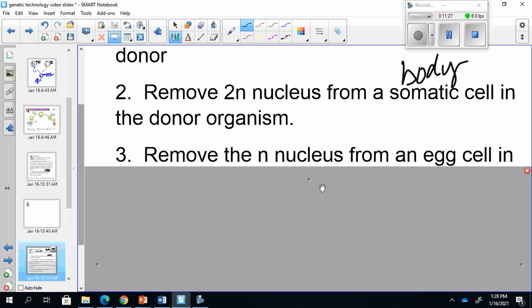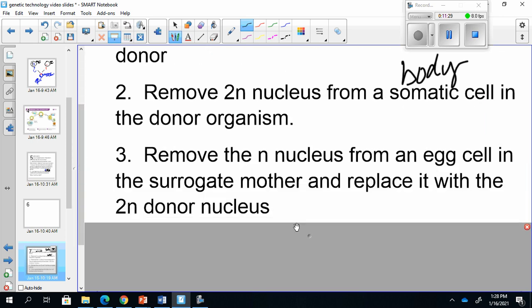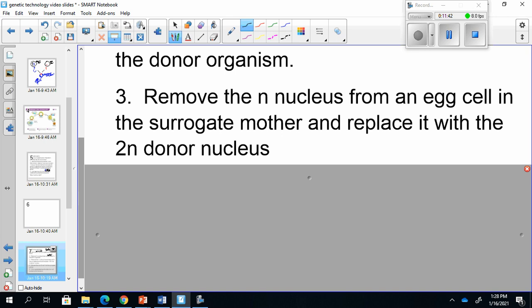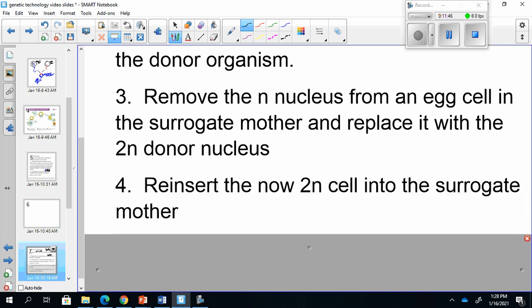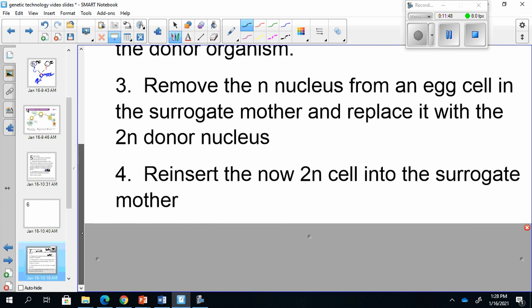Then you got to take an egg cell from the surrogate mother, so the one that's going to end up pregnant. Take one of her egg cells, take the haploid nucleus out of it, and replace it with the diploid nucleus from the donor. So you're literally switching the egg's nucleus for a diploid nucleus. Reinsert the now diploid cell into the surrogate mother.